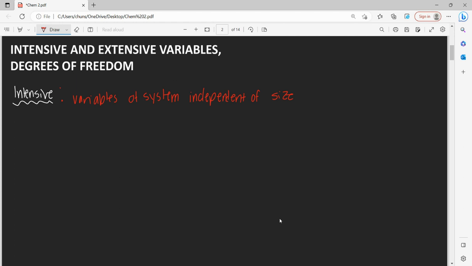So these values could be things like ratio-based ones, like specific volume, molar volume, and density.